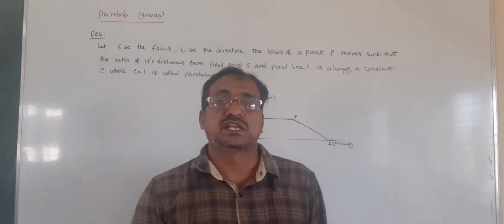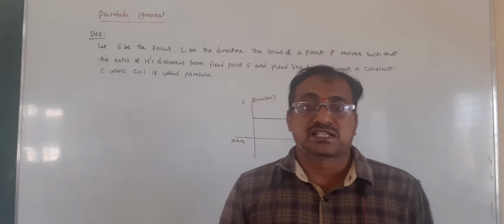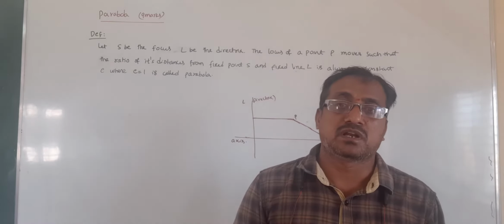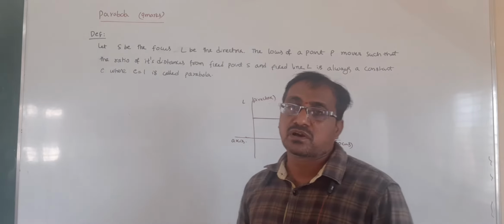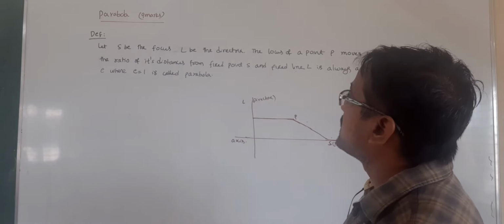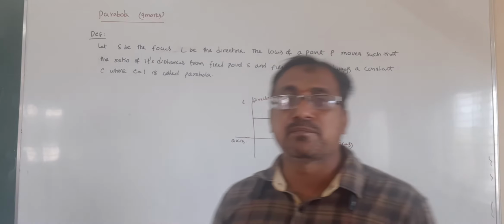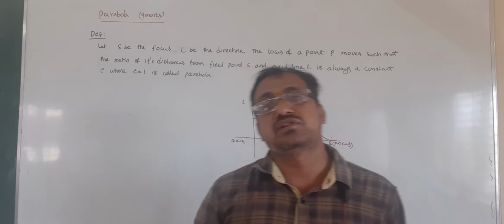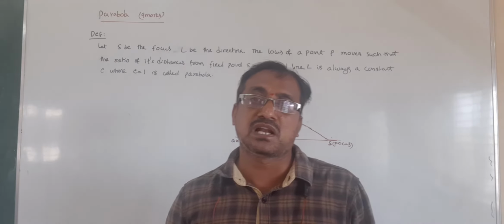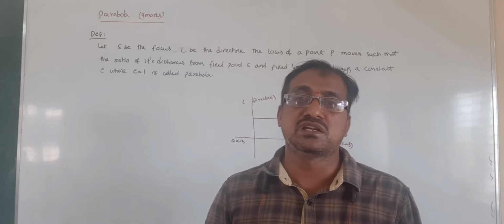The first topic in conic sections is the parabola. We know that when the eccentricity E is equal to 1, the conic section will be a parabola. Now the geometric definition of the parabola is: let S be the focus, L be the directrix, and the locus of a point P moves in a plane such that the ratio of its distances from the fixed point S and the fixed line L is always a constant E, where E is equal to 1.